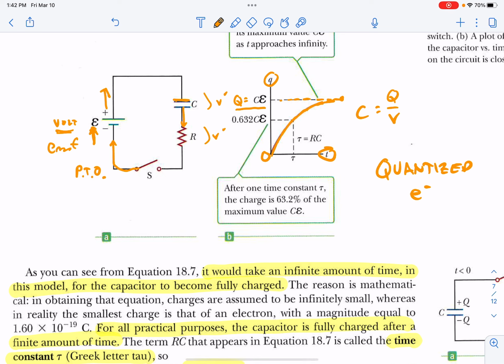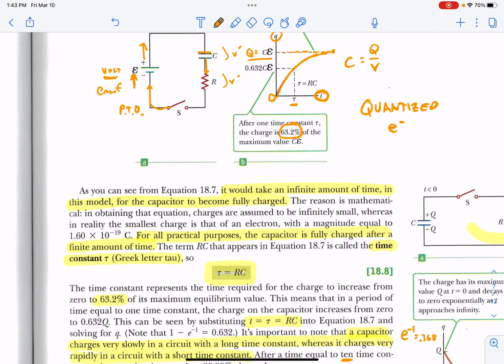Since we can't talk about the total time to charge it up, we talk about something called the time constant. And the time constant turns out to be that period of time it takes to become almost 2/3 charged of its maximum value. We'll show you where that number comes from in just a minute.